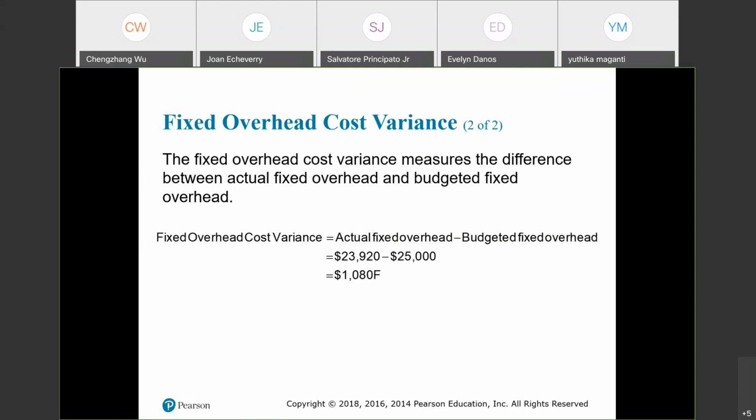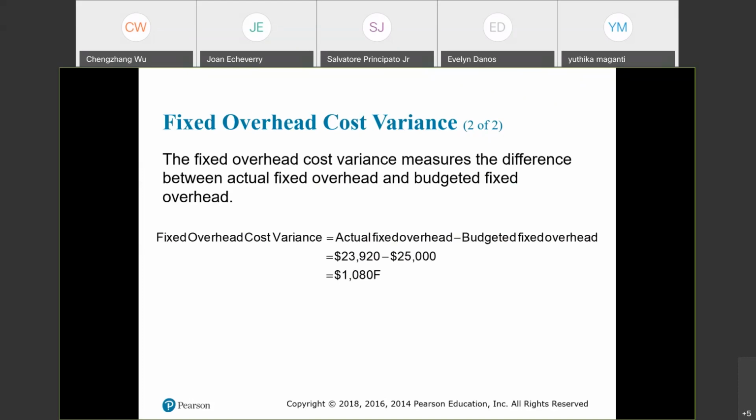We use actual fixed overhead minus budgeted fixed overhead. We get $1,080, which is favorable. Favorable means the actual amount is less than the budgeted amount.